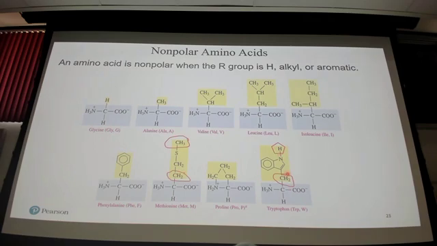It just so happens that these three groups are all non-polar. But like I said, I just look at the first and last. If I happen to forget that this is non-polar, I'll look at the first and last groups, and I know for sure that it's non-polar because alkyl groups and hydrogen are non-polar.